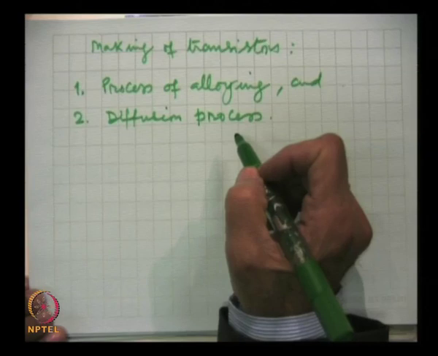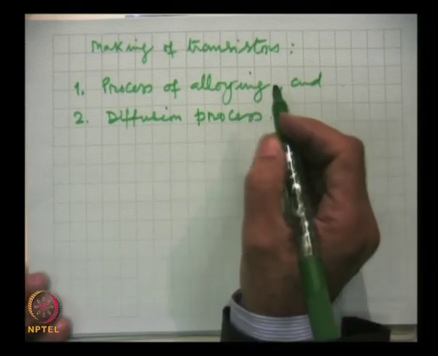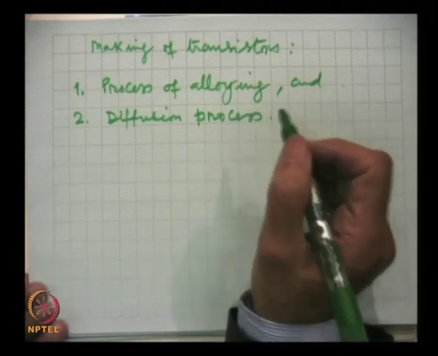One is the diffusion process, the other is ion implantation and epitaxial growth of different layers. So, those are reserved for integrated circuit fabrication, but discrete devices can be fabricated by the process of alloying and the diffusion process. Let us first talk about what this process of alloying is.